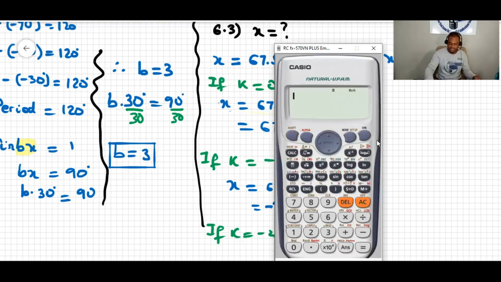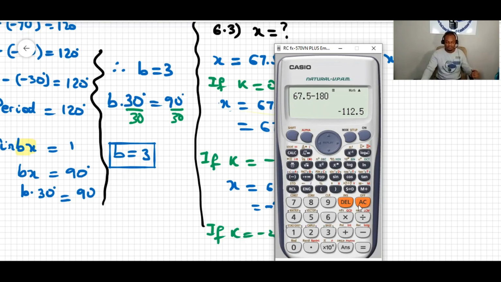If I do 67.5 minus 180, I get -112.5, which is less than -90, the lowest bound. So I cannot take k equal to -2 here.